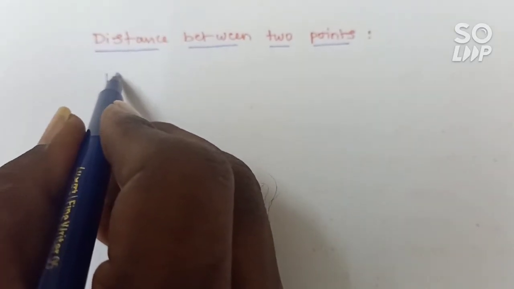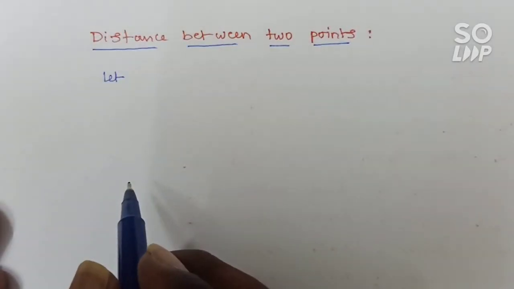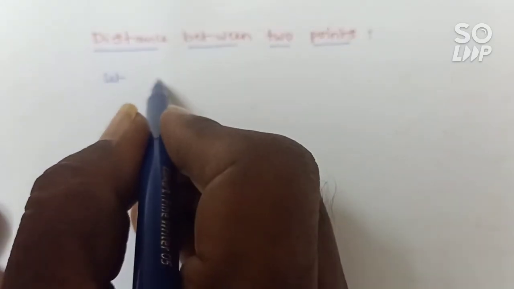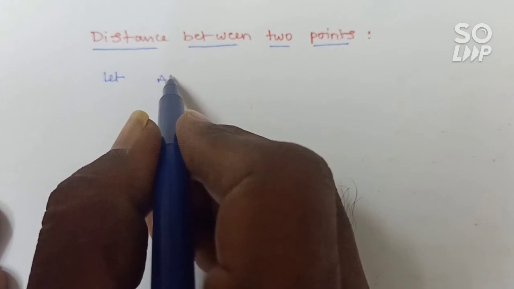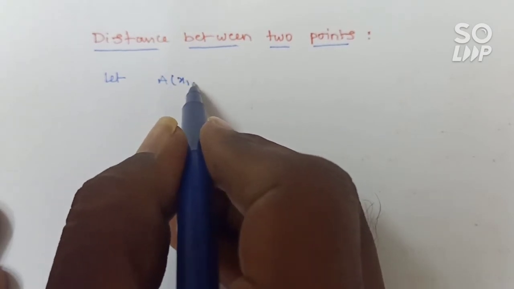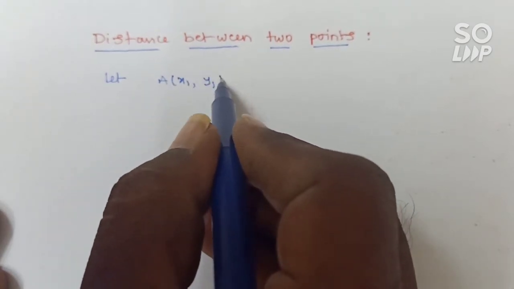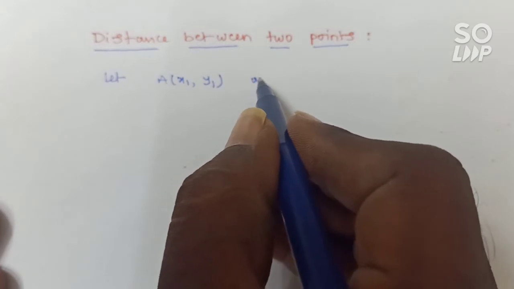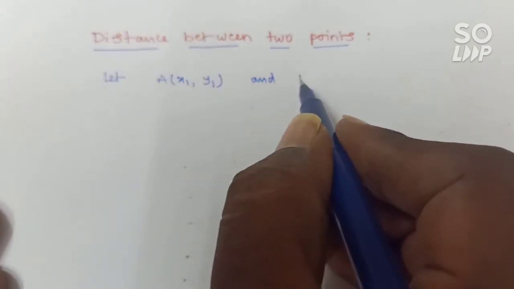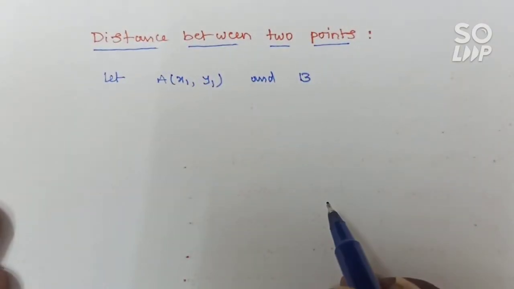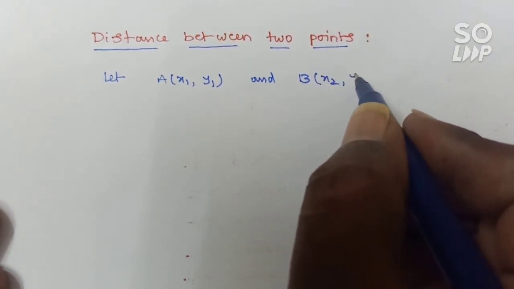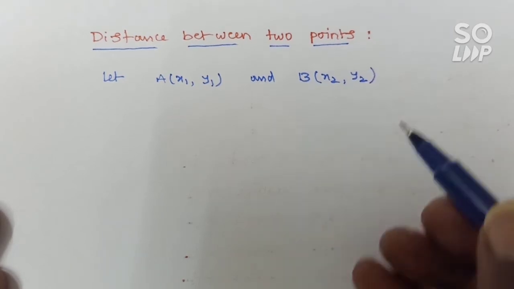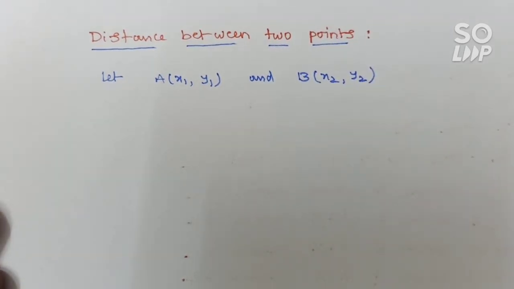First of all, take two points. Let capital A equal x1 comma y1 and capital B equal x2 comma y2 be the two points in the xy plane.